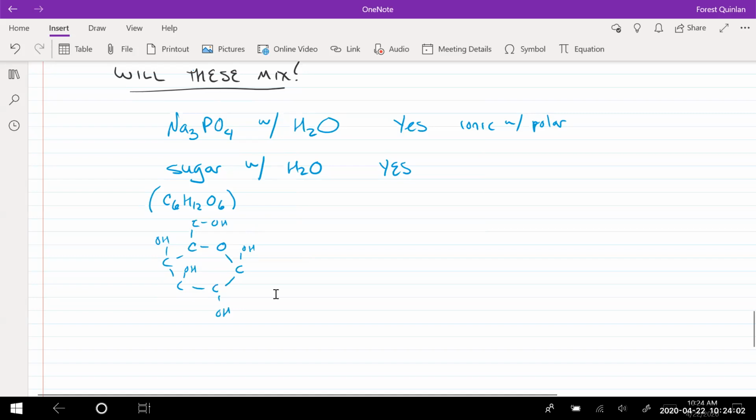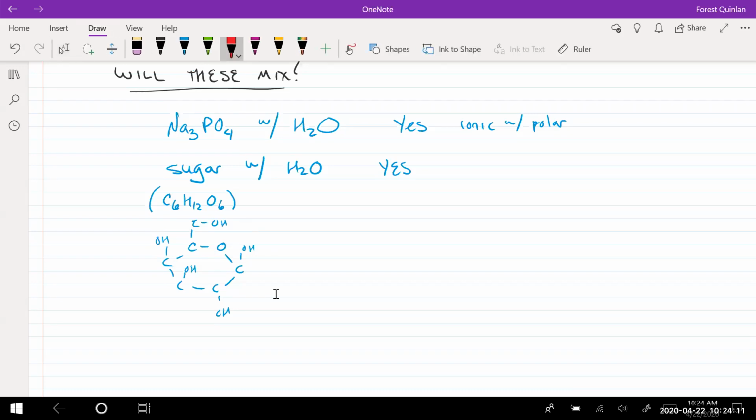Anyway, that aside, I think that was you, Massey, that said it was ionic. It doesn't actually break up into ions, but hopefully you can see that it's definitely polar because we have all of these OHs hanging out to make it polar. So while this isn't about ionics with polars, this is still polar with polar.